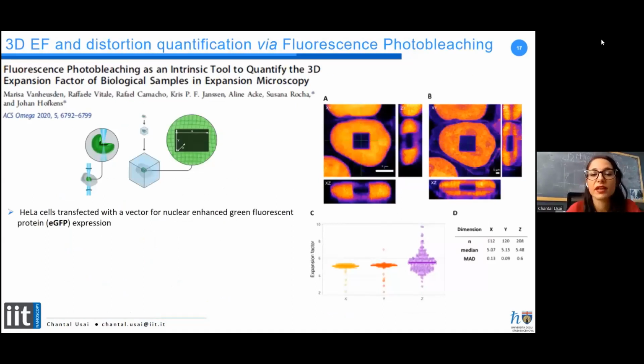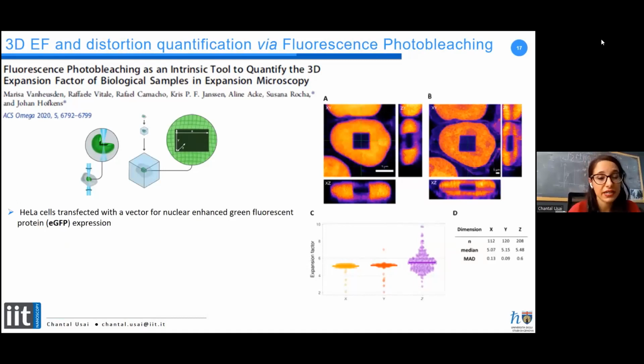Another way to quantify the expansion factor at the microscale level and to determine if there is a distortion during the expansion has been used in this very interesting work using fluorescent photobleaching.